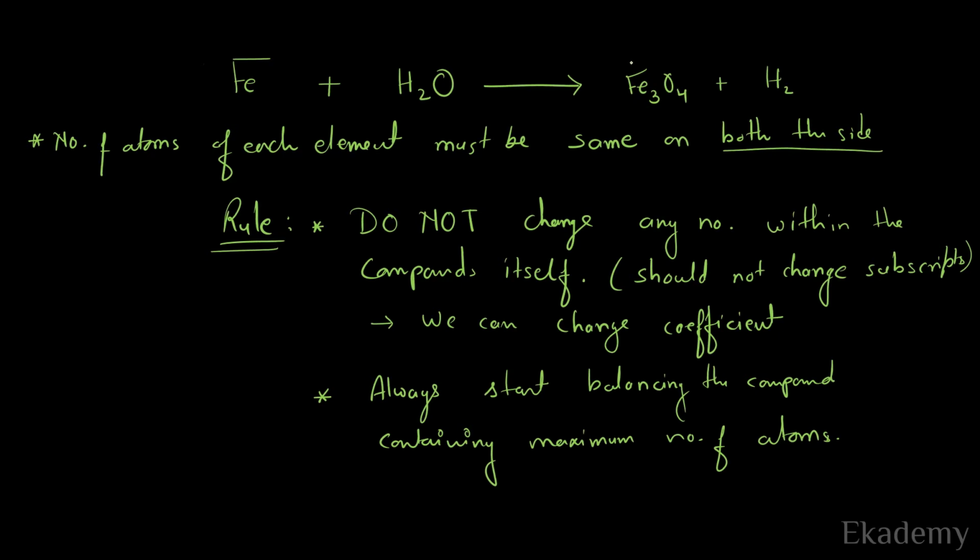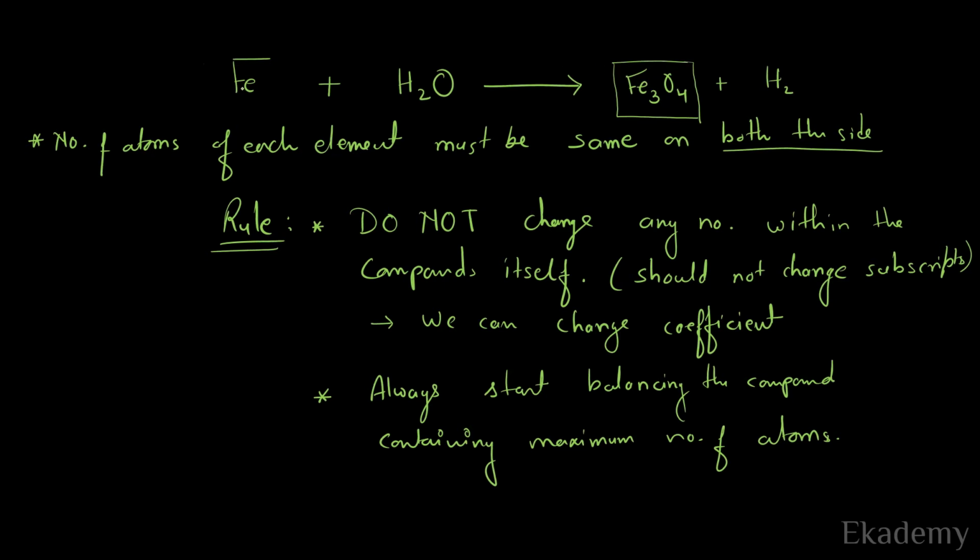So the compound having the maximum number of atoms in this case is the oxide of iron, which is Fe3O4. We will start balancing that compound which has got the maximum number of atoms irrespective of its position. That compound can be towards the reactant side and it can also be towards the product side, but we will always start balancing that compound only, irrespective of its position, right?